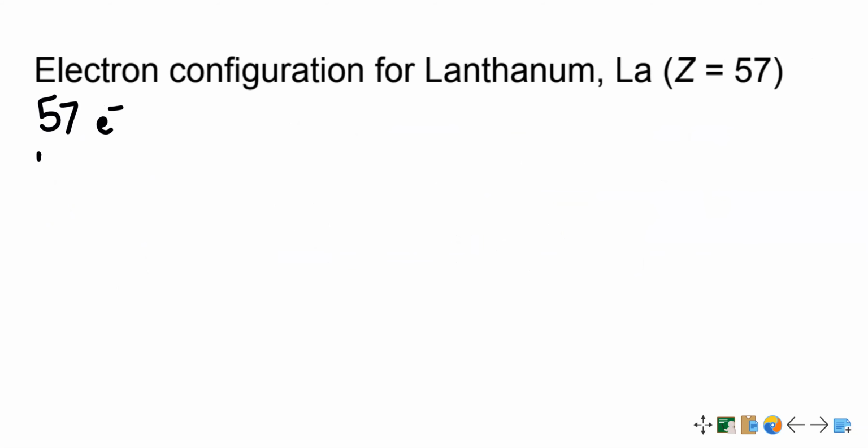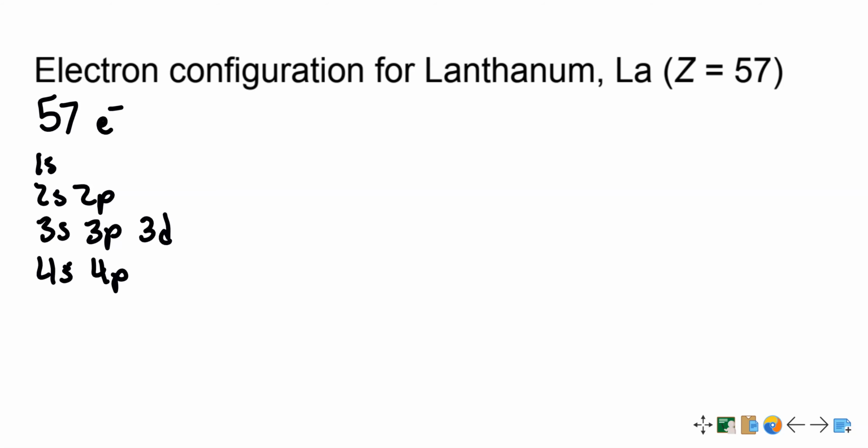1s, 2s, 2p, 3s, 3p. Now, note the diagonal rule doesn't take a lot of time to write out, and it really helps figure out the order of things. But here's the thing. We're tempted to stop there because, oh, I've got the 4f.